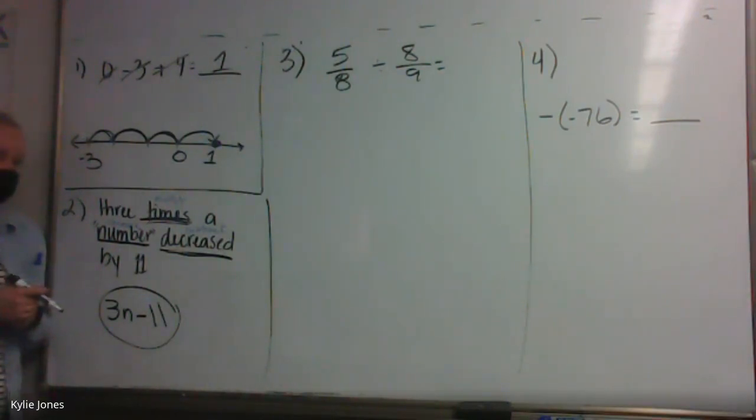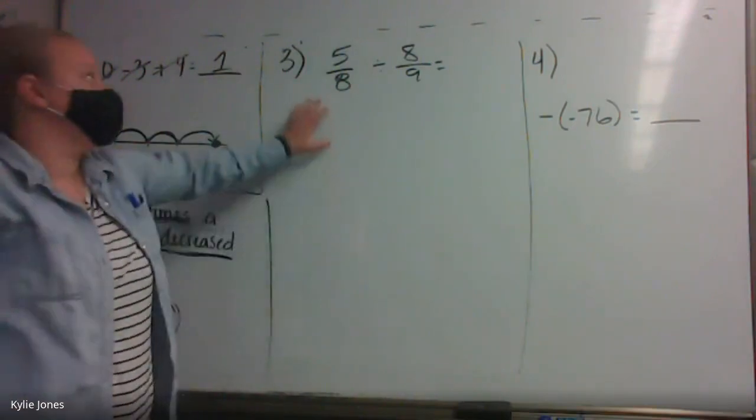Like times, which means multiply, and then decrease, which is subtract. So you're multiplying them, and then you subtract 11 after you've multiplied. But there's no division in here at all. Just subtraction.